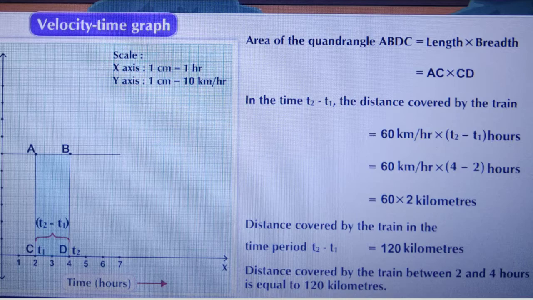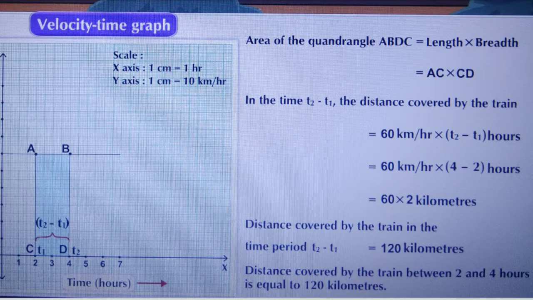In the time T2 minus T1, T2 is shown at point D, which shows the coordinate 4 hours, and T1 is shown at point C, which shows the coordinate 2 hours. In the time T2 minus T1, the distance covered by the train is equal to 60 km per hour into T2 minus T1 hours.